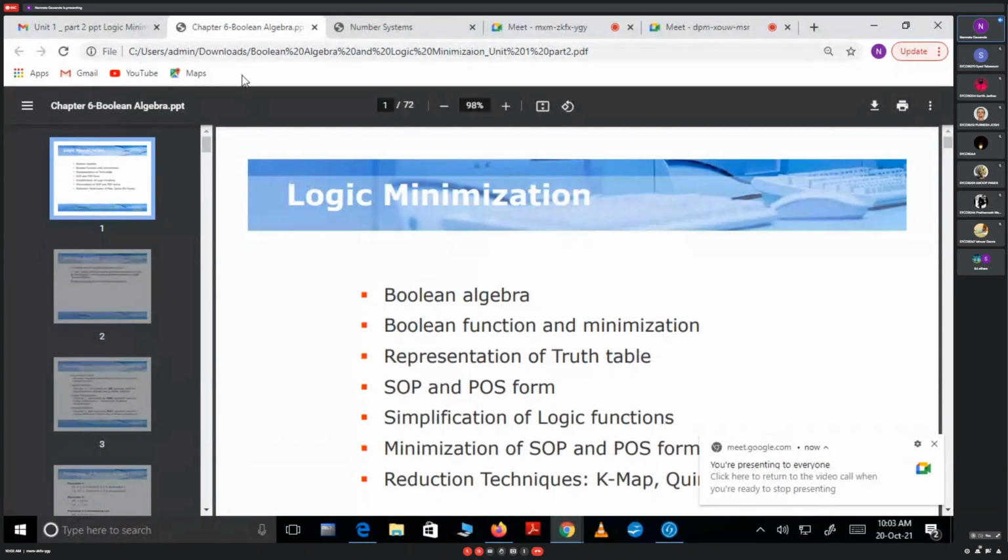Now the next part given in the syllabus is logic minimization. Let me tell you what logic minimization means and which topics are to be covered in it. First is Boolean algebra, then Boolean function and minimization, representation of truth table, then SOP and POS, simplification of logic function, minimization of SOP and POS form, and reduction technique.